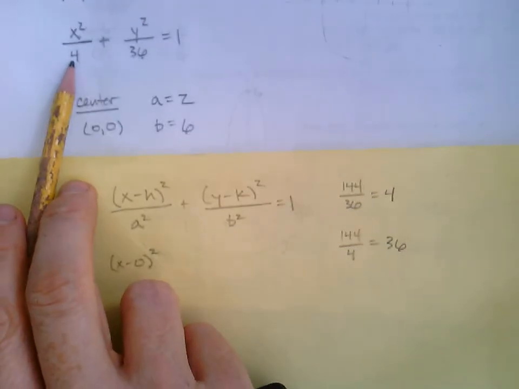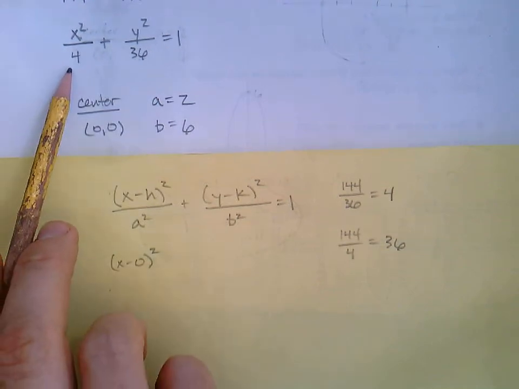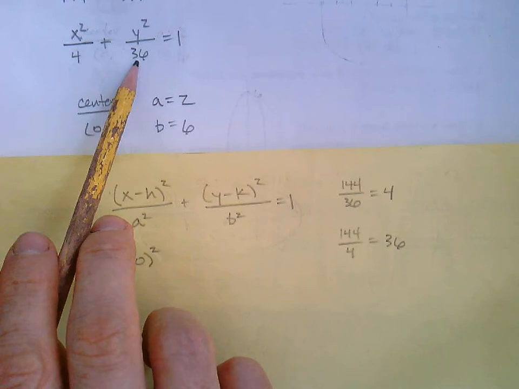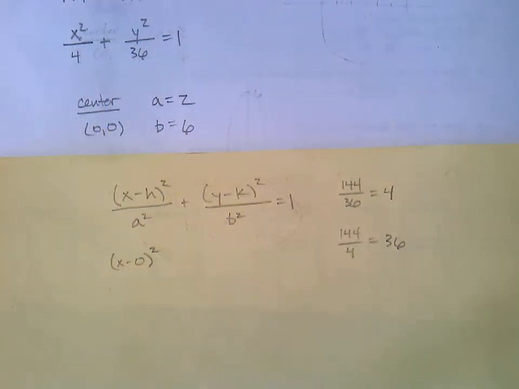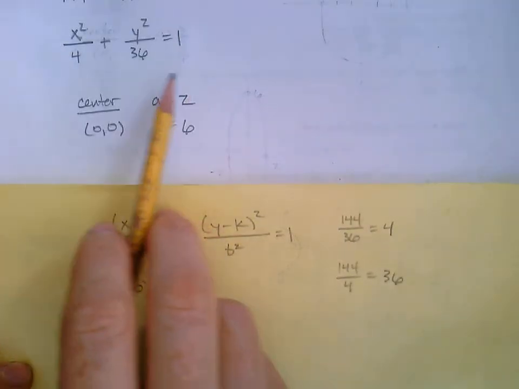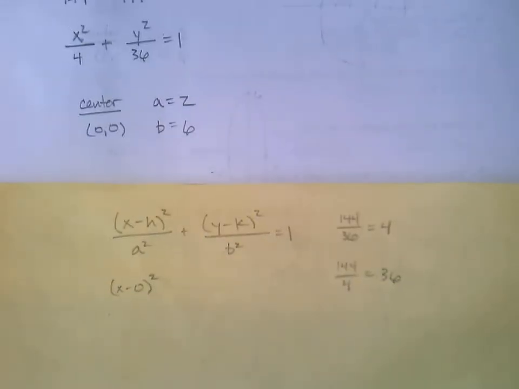What's under the x squared? We think of that as a squared, so a must equal 2. This is b squared, so b must equal 6. And that right there is the information that we need to graph.